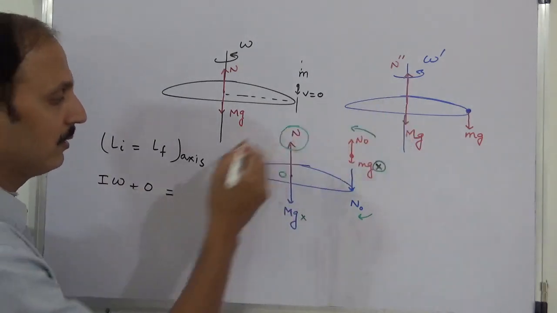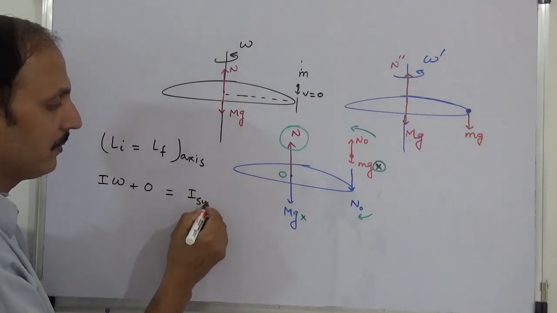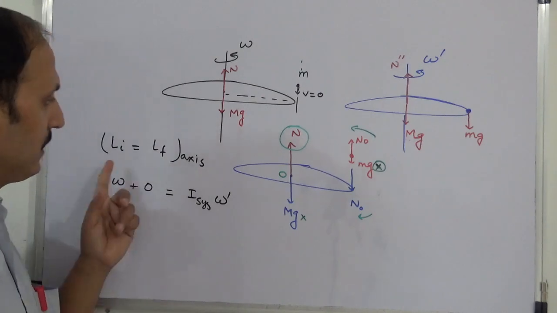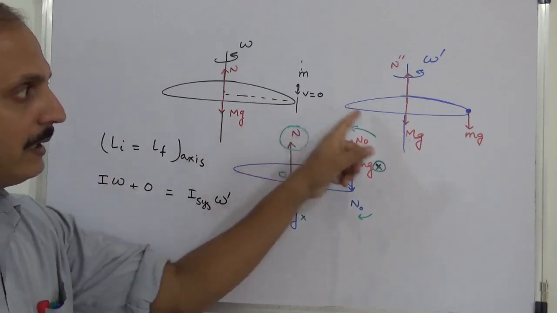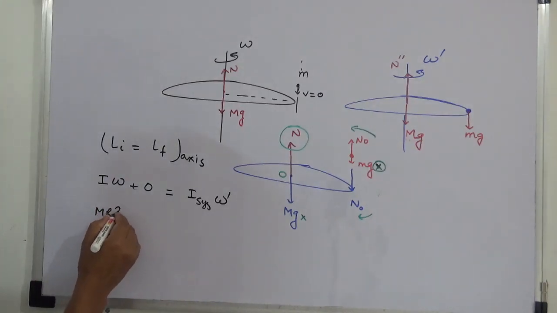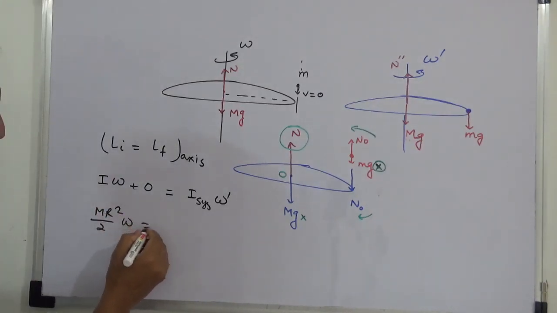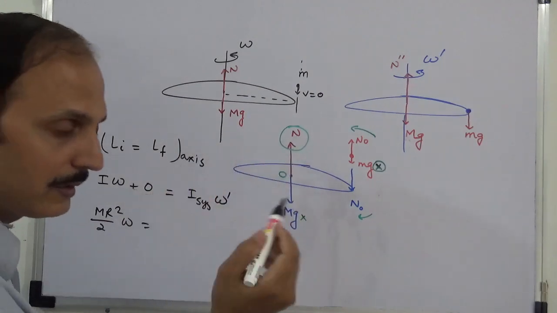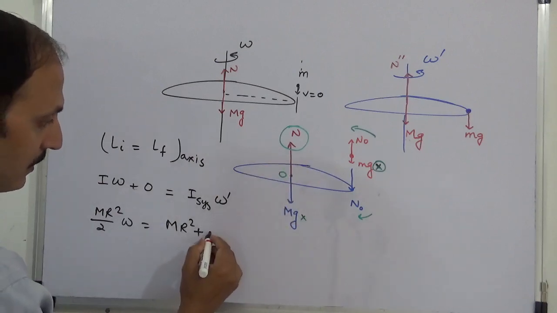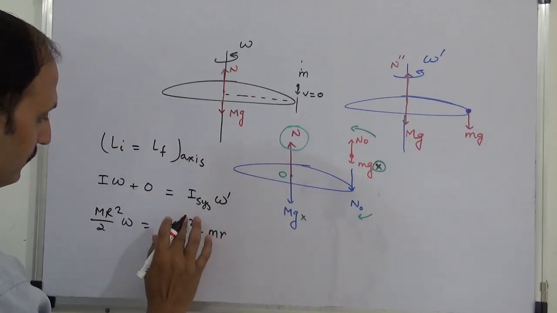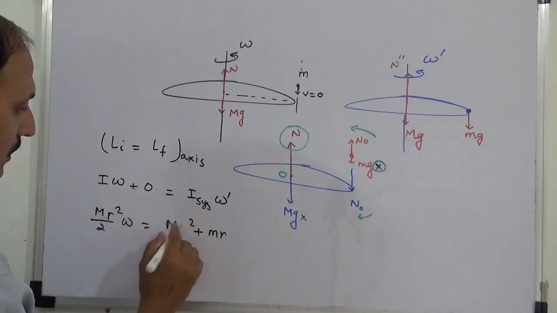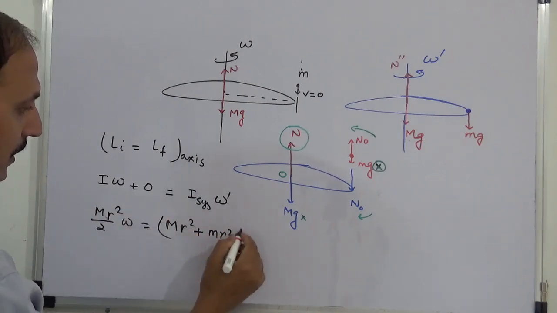After collision, it has stuck, so it is I of the system into omega prime. This is initial, this is final. Finally the system is disk plus this mass. For the disk it is Mr square by 2 into omega, equal to I of the system into omega prime. The system includes the disk, so M, and the small mass m, small r, right? So m r square into omega prime.